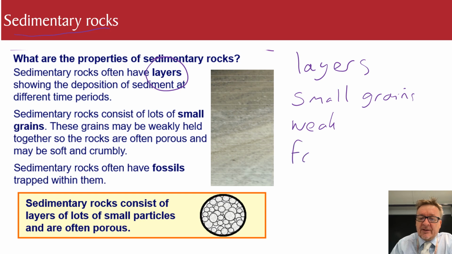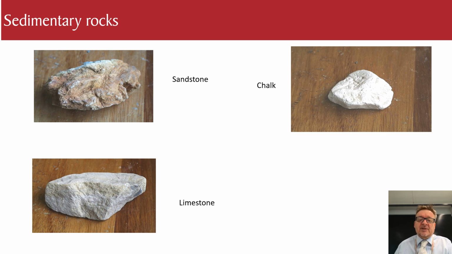These are the rocks that may well have fossils in them because they haven't been exposed to the ridiculously high temperatures and pressures of the others. Examples: sandstone, limestone, chalk. If I got a lump of chalk, I could just write on the floor with it because it's so crumbly. I could probably do a similar thing with sandstone and limestone, but not quite as effectively.